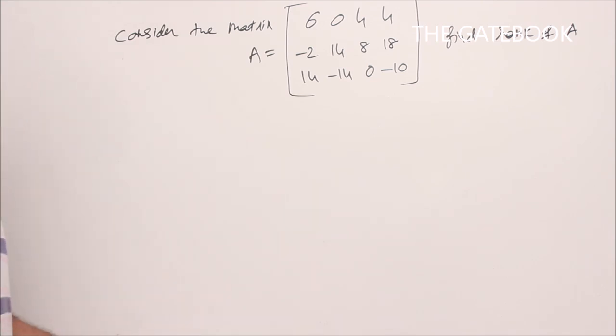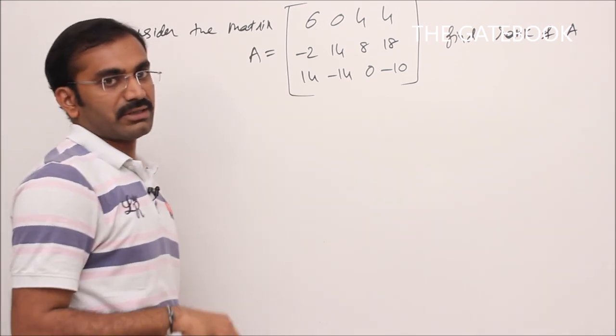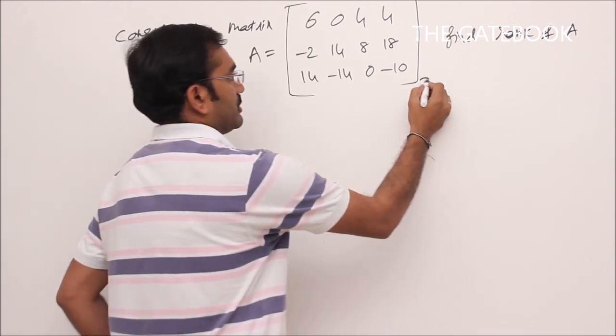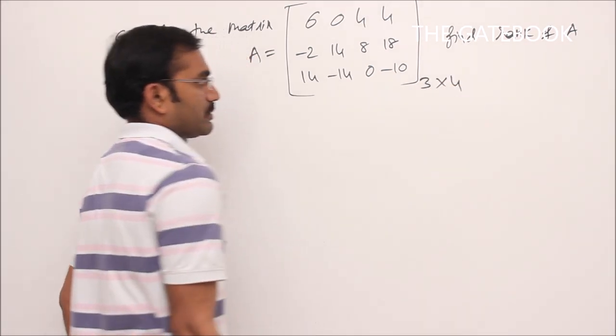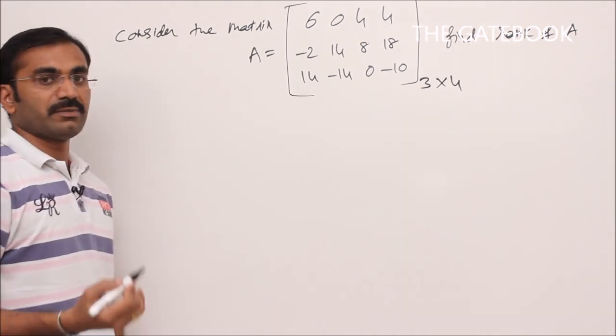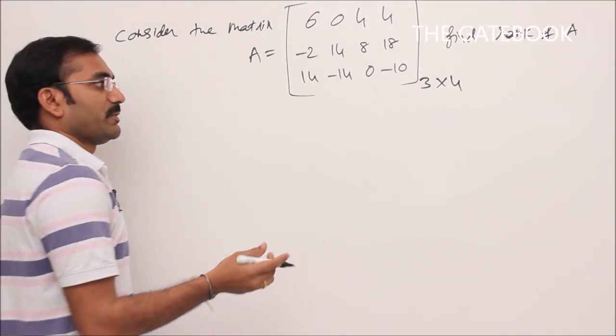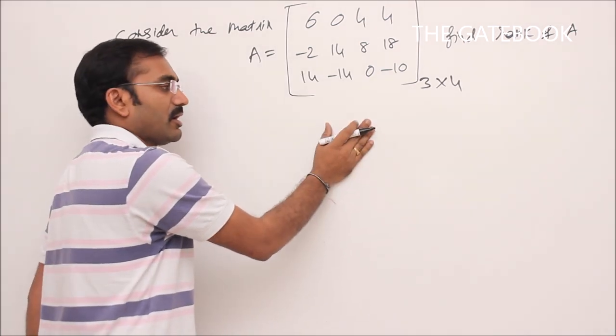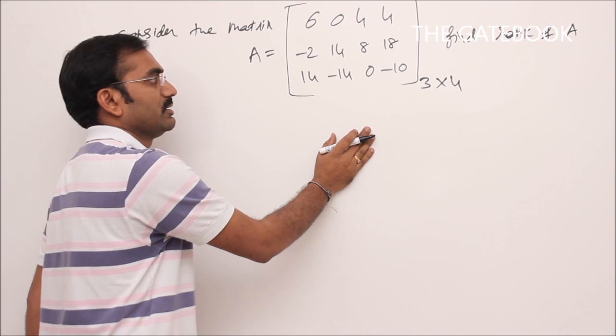Suppose we go for the first method, the determinant method. See here, the order of this matrix is 3 by 4. The highest possible determinant is of order 3 by 3. How many 3 by 3 determinants are available here?